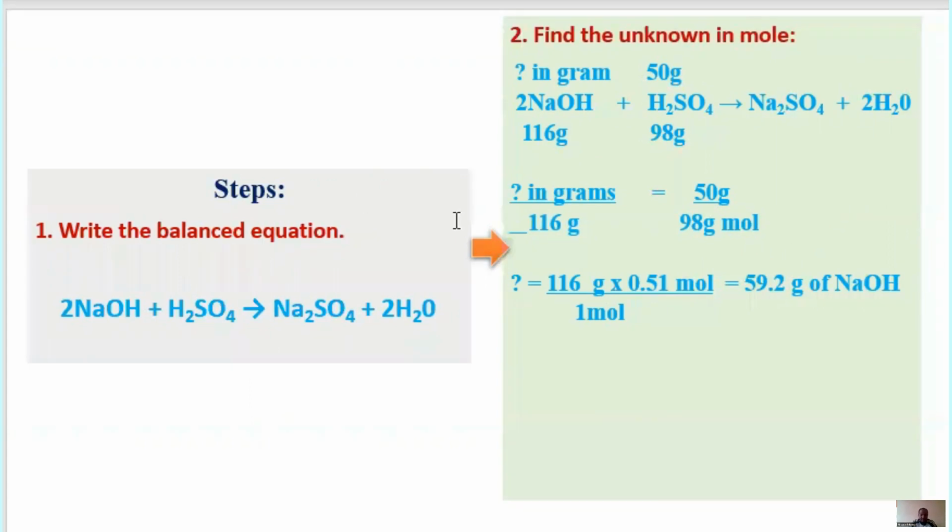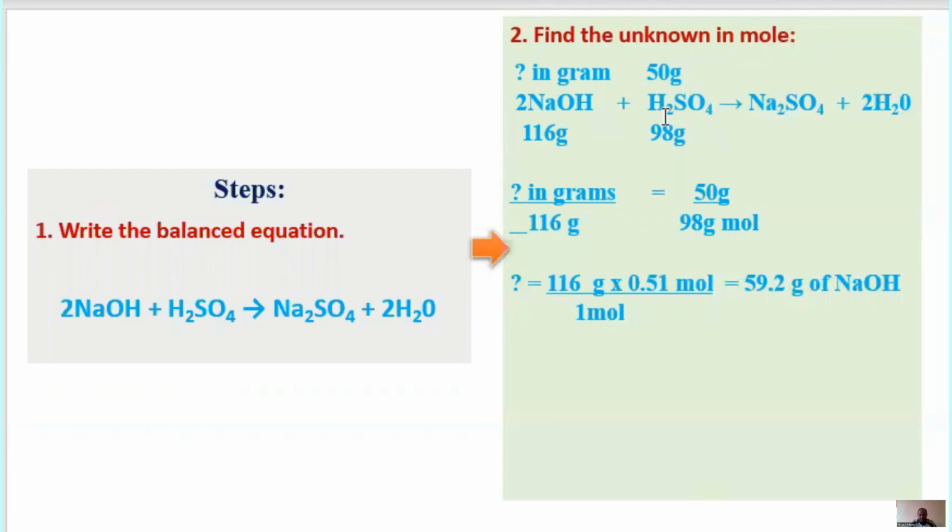You have a balanced chemical equation here. Find the known, the given, and the unknown. This one is the unknown in grams, and find out the mass of 2NaOH from this balanced chemical equation.